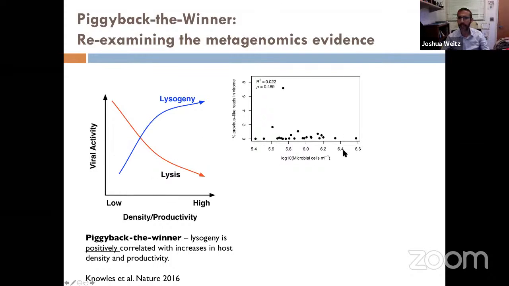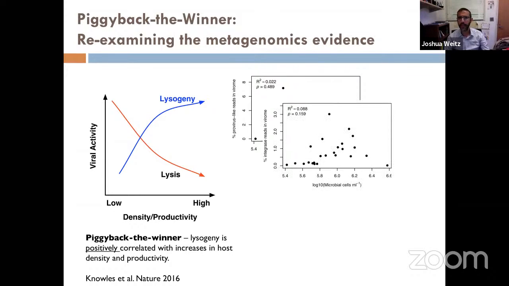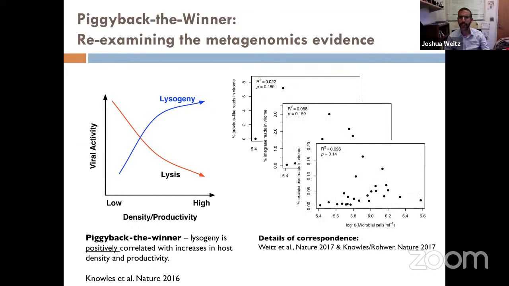This is our reanalysis of this data, and as you can see, there's not much of a relationship. In the provirus-like reads, in the integrases, and the excisionases, all these are hallmarks of being temperate. And in our view, neither the metagenomics nor the abundance data support directly this evidence of piggyback the winner, but notably, it doesn't go down either, right? So there seems to be an absence of evidence for a particular relationship.